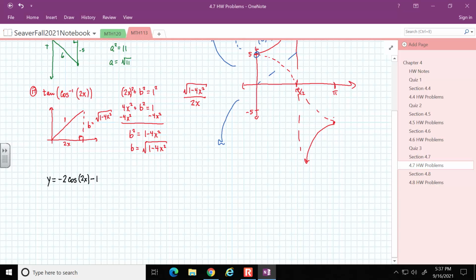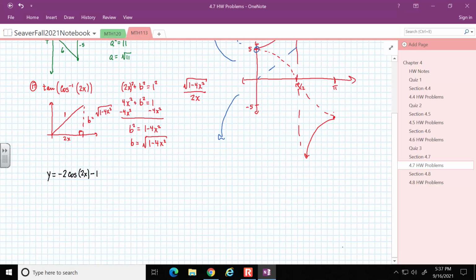So that's what I want you to plot. I want you to practice plotting by hand this function, negative 2 cosine of 2x - 1.